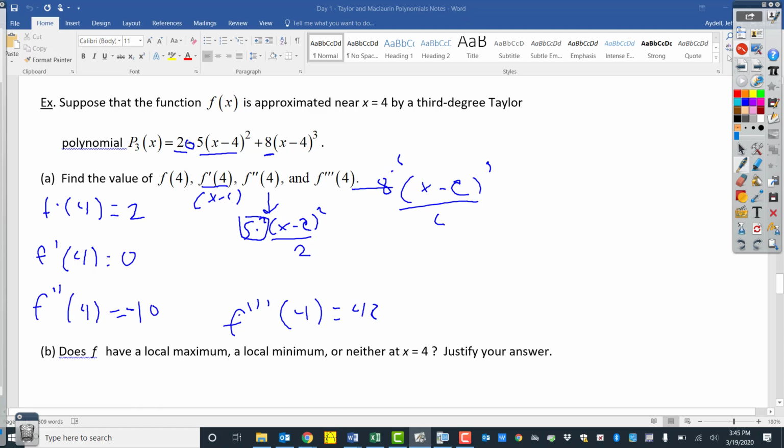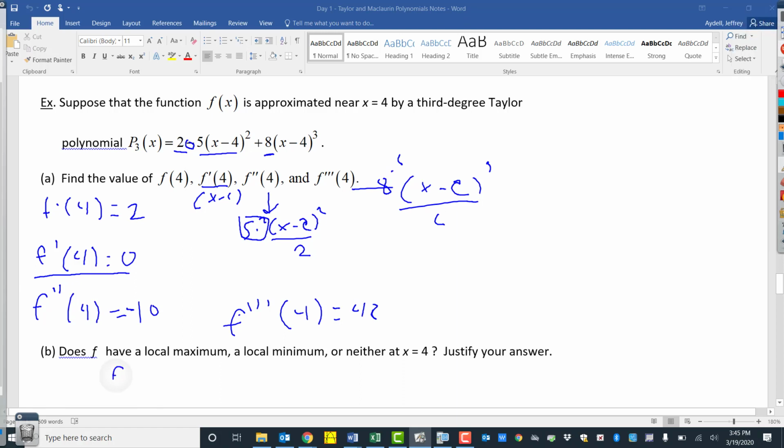All right, so let's look at this one. Let's start with the local maximum, or local minimum, or neither. Let's start with where we get this idea from. We see that the first derivative is equal to 0. And we remember that if f prime of c is 0, then we have two things that could happen. If f double prime of c is greater than 0, which means f double prime of c is positive, then we have a min.